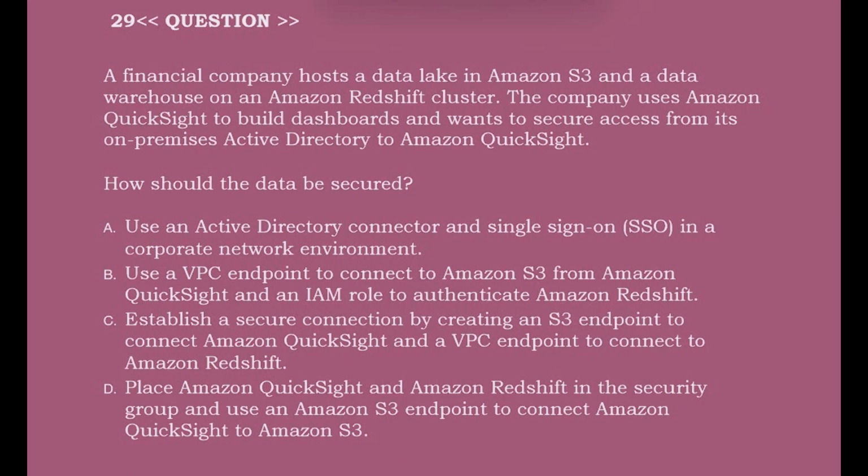Option C. Establish a secure connection by creating an S3 endpoint to connect Amazon QuickSight and a VPC endpoint to connect to Amazon Redshift. Option D. Place Amazon QuickSight and Amazon Redshift in the security group and use an Amazon S3 endpoint to connect Amazon QuickSight to Amazon S3.